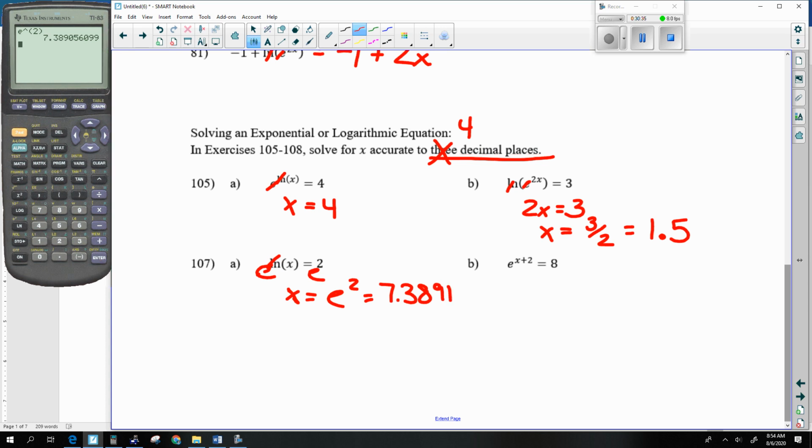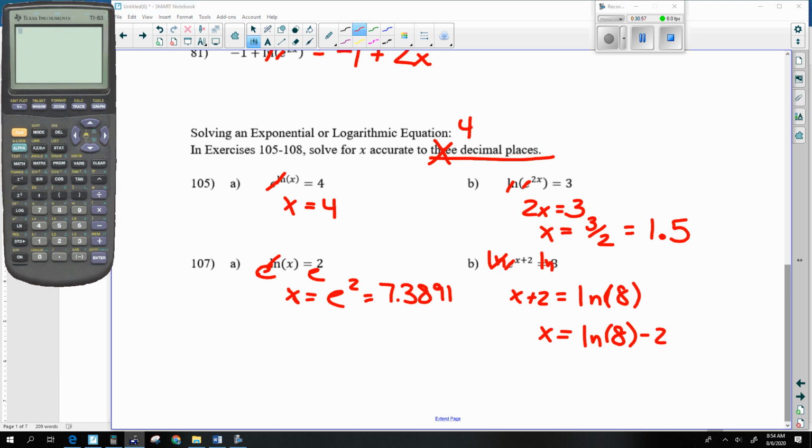Okay, this one, I need to get rid of this e, so I need ln, and so that is an ln of 8. And then continue my mathematics, x is equal to ln of 8 minus 2. Let's go ahead and get a number to that.